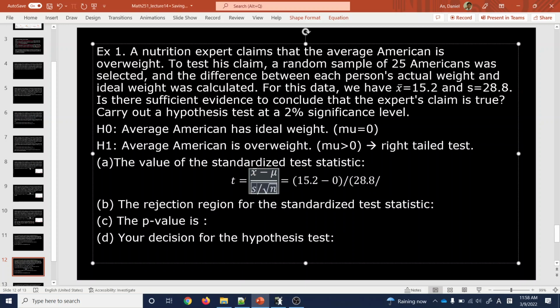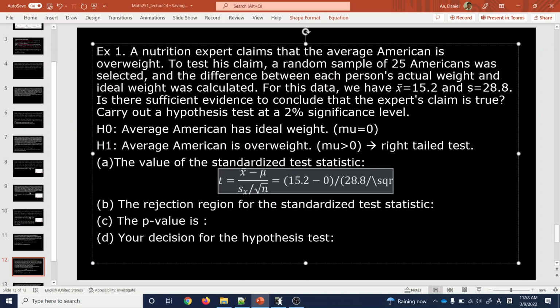We're just using s in place of it. So we need the t distribution, and then we need the square root of 25.